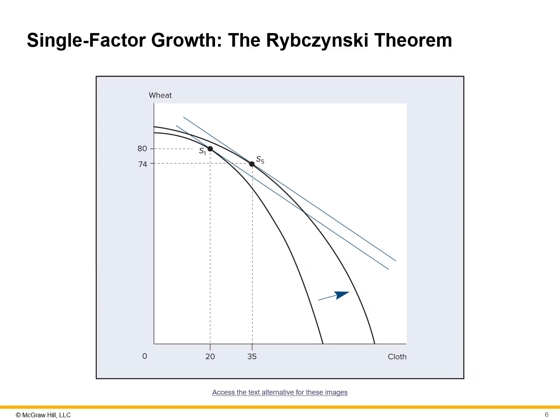So here's a graphic representation of the Rybczynski theorem. The X denotes the cloth and the Y denotes the wheat. The two plots are plotted. You have two decreasing curves that start from approximate points 0.90 and 0.92, and then end at approximately 0.50 and 0.60 respectively.